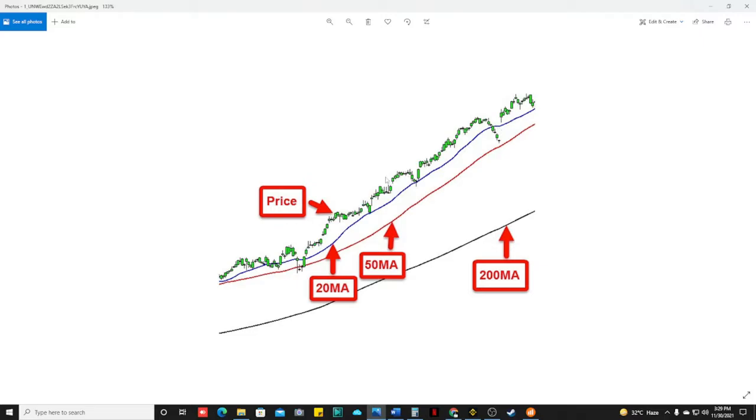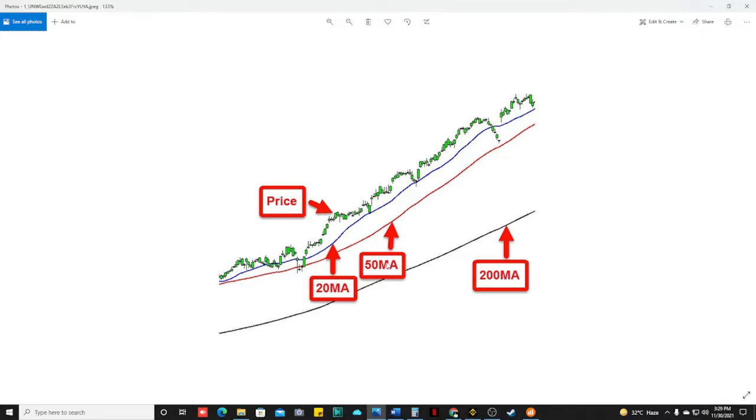Okay? But if it starts to disrespect, it goes to 50 moving average. What is the 50 moving average? This one is for the normal market. If the 20 moving average is for the fast market, volatile market, 50 moving average is for regular market, normal market. Okay? No pump, no volatility, just normal.